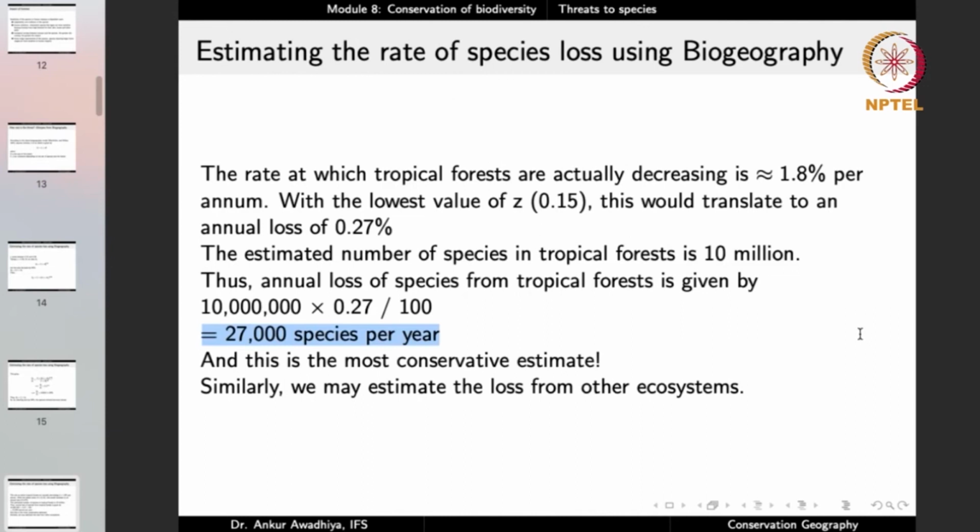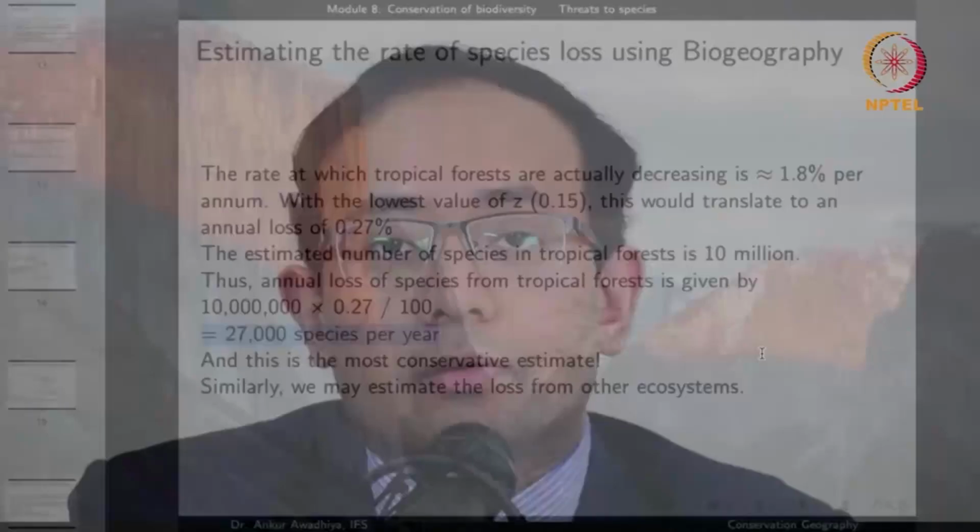And this is only in the case of the tropical forest. We have so many ecosystems that we are destroying. And so the number of species that we are losing every year is very high. Now, in a large number of cases, we do not even know which are the species that are getting lost, because even before we have had a chance to observe the species, document them, even name them, they have become extinct.